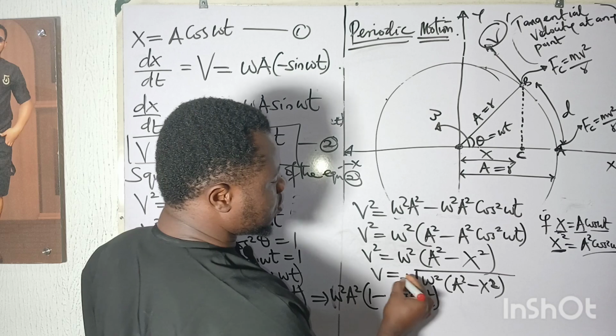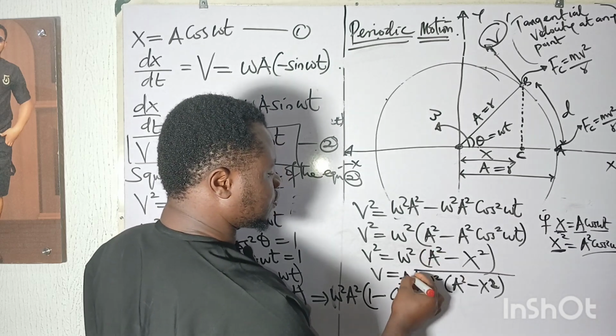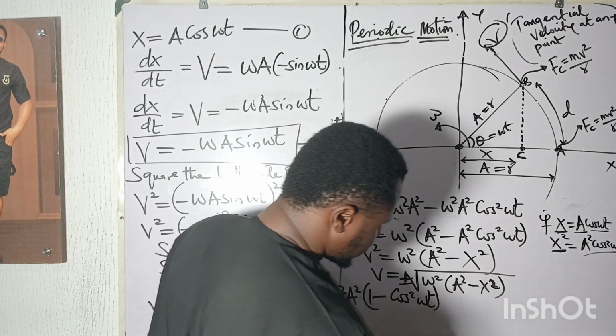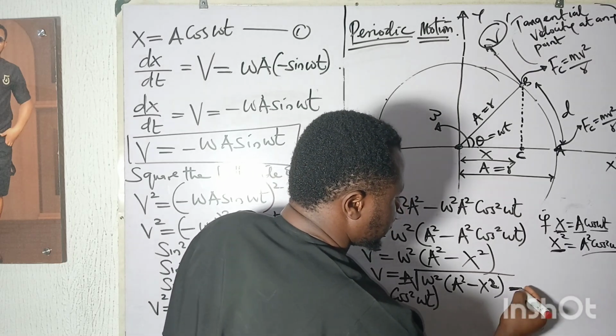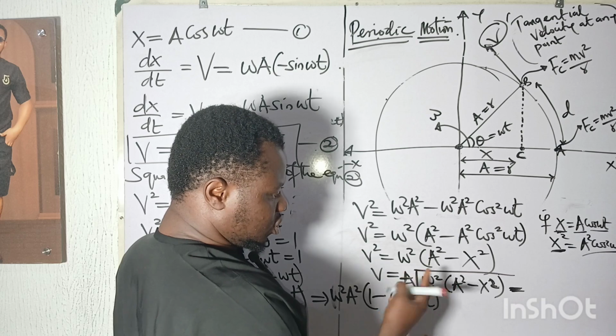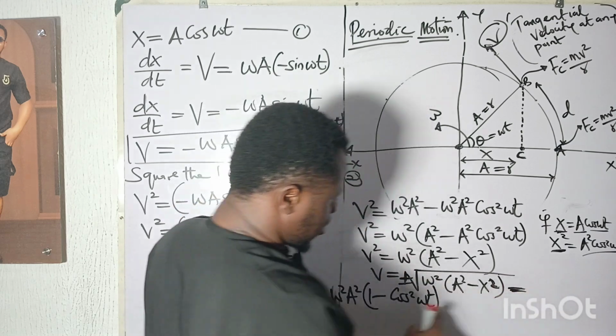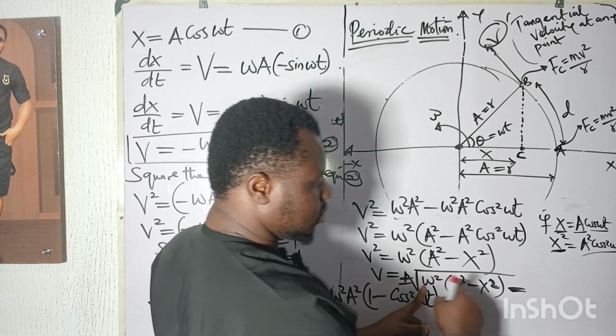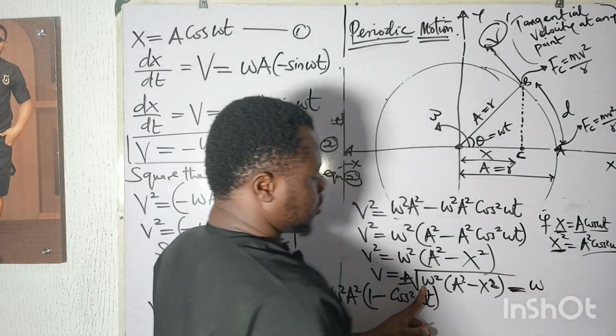Now, remember that square root is all about plus or minus. So finally, what are we going to do? Square root of ω square is ω.